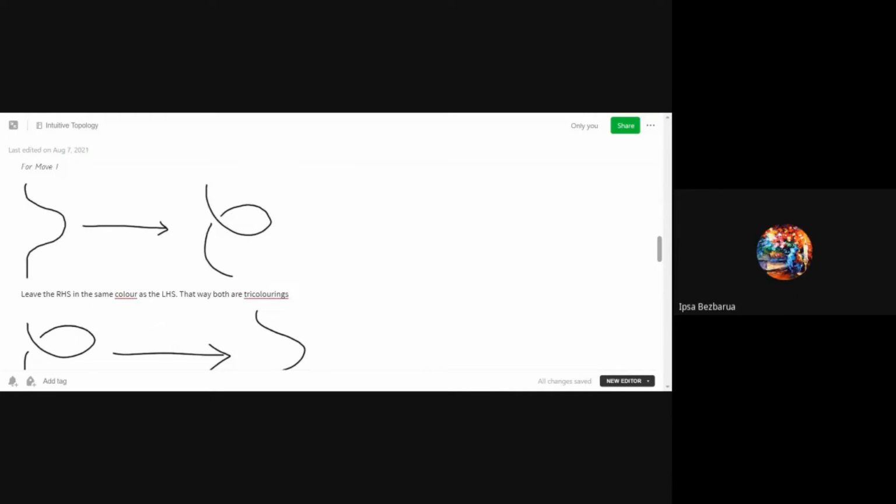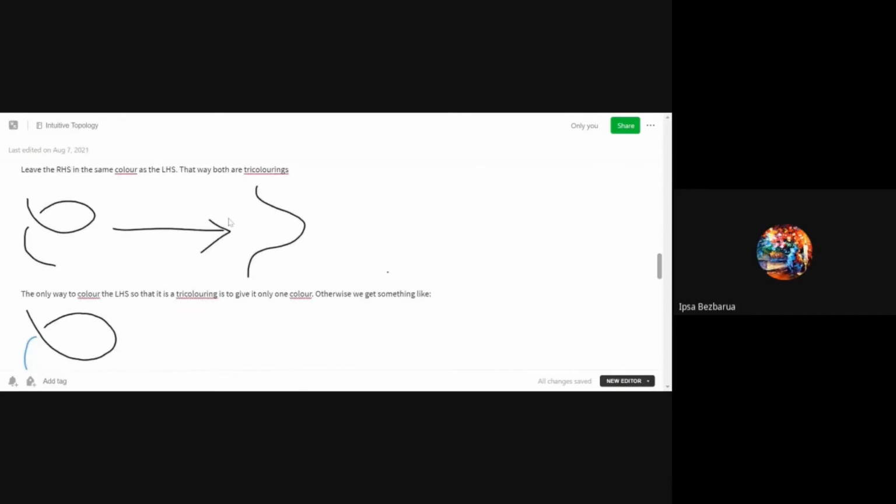Then both of these are tricolorings, because there's this one undercrossing here, and both of the strands that I see here are actually one strand. All three of these broken lines that I see here are in the same color. So it's a tricoloring.